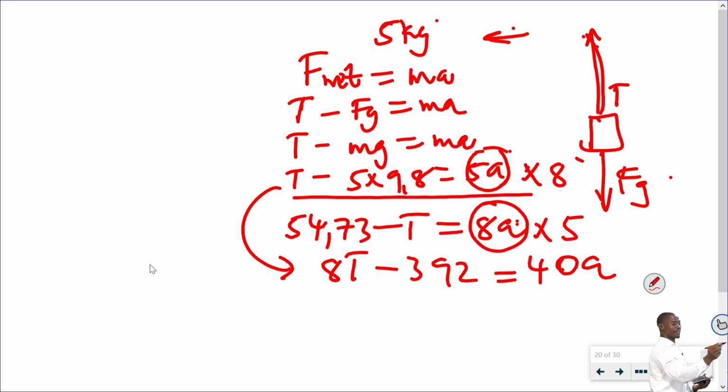Okay? Then this one I'm multiplying by 5, right? So it's 5 multiplied by 54.73.